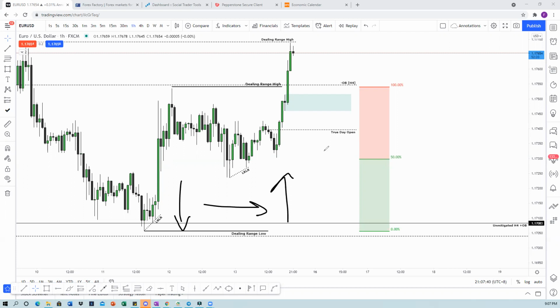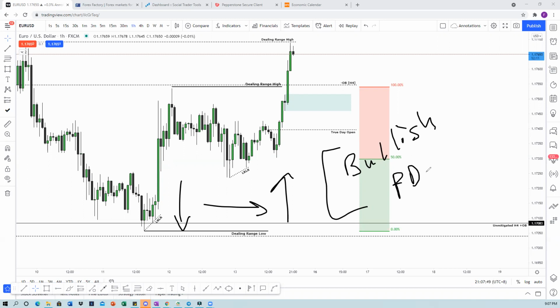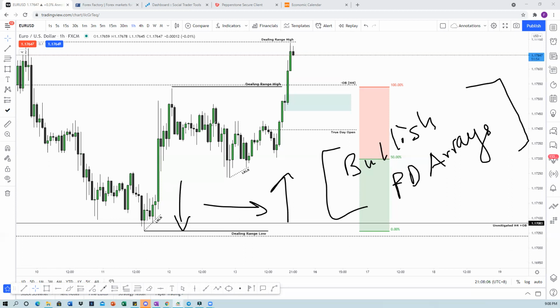The PD arrays that are going to work are predominantly the bullish PD arrays when you see a switch in order flow. When we are in bullish order flow, bullish PD arrays work. When we are in bearish order flow, bearish PD arrays work.